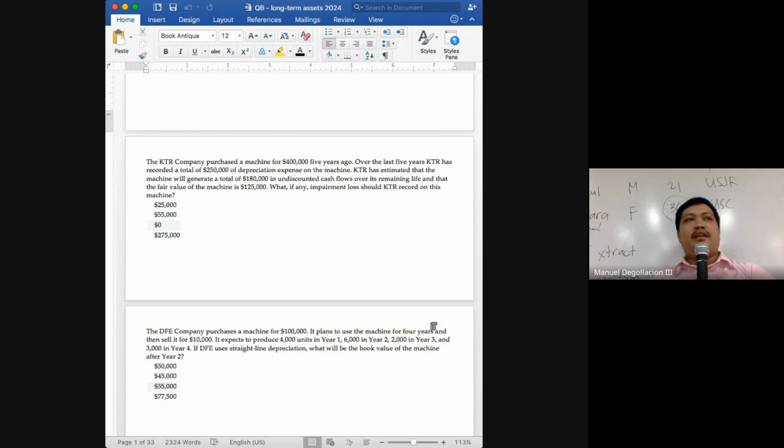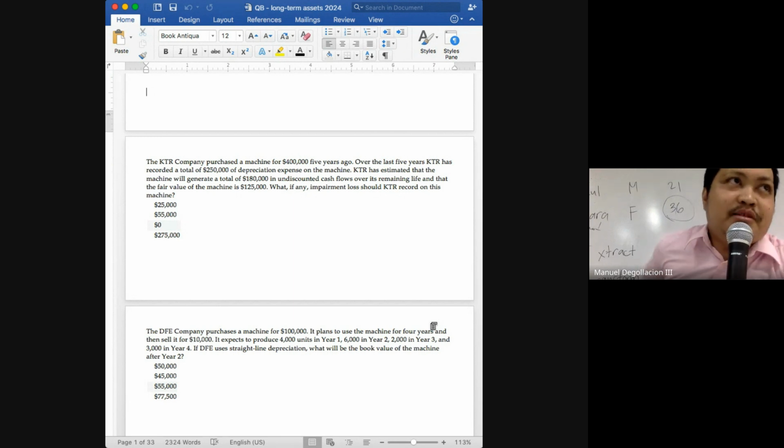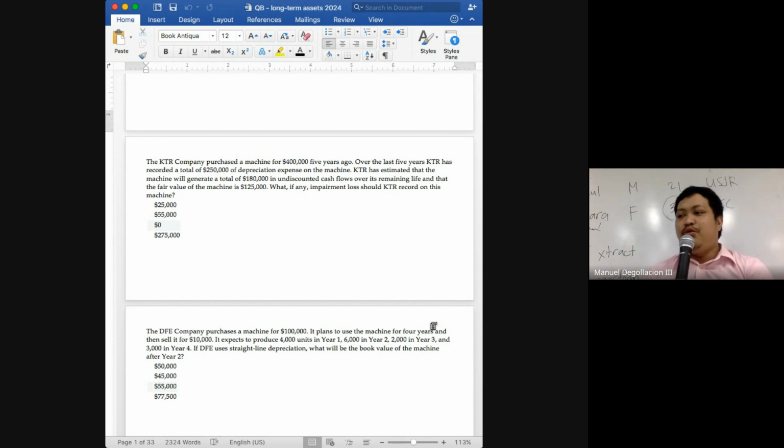So remember that under the US GAAP, the impairment process consists of two steps. Okay? So if this will be asked as an essay question in your pre-finals, explain the impairment test process for long-term assets under the US GAAP. Okay, you start by stating that the impairment process involves two steps, or two tests.